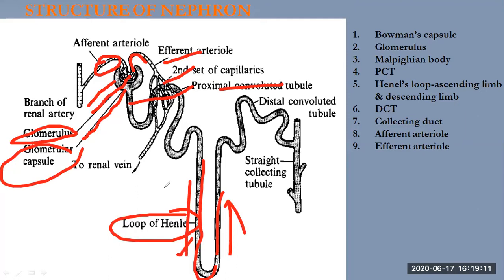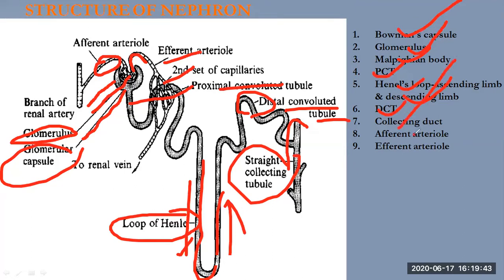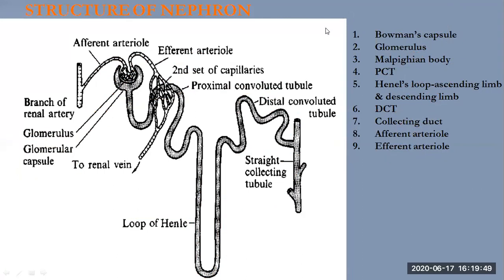Descending is thin and ascending is thick. The part of the tubule far away from the Bowman capsule is called the distal convoluted tubule, and the distal convoluted tubules combine to form a straight collecting duct. So the figure names the Bowman capsule, glomerulus, Malpighian body, proximal convoluted tubule, ascending and descending loop of Henle, distal convoluted tubule, collecting duct, afferent arteriole and efferent arteriole. These are the different structures found in the nephron.